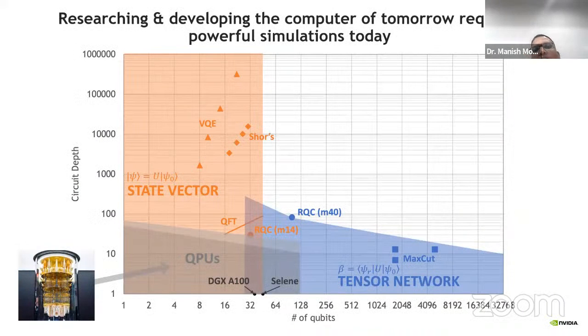So where we are right now is state vector and tensor networks. With tensor network, we could run around 32,000 qubits. And with the state vector, we are at around 32 qubits roughly, with all these algorithms: state vector, VQE or Shor's algorithm and QFT.